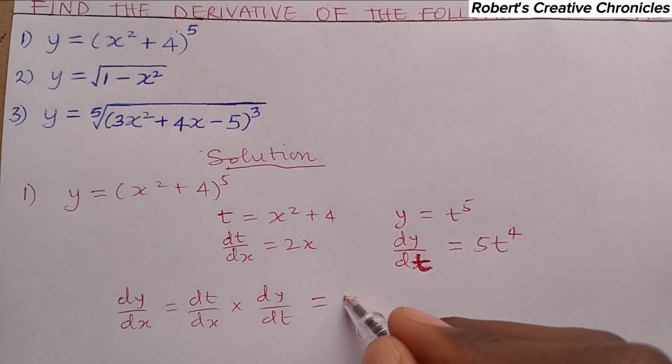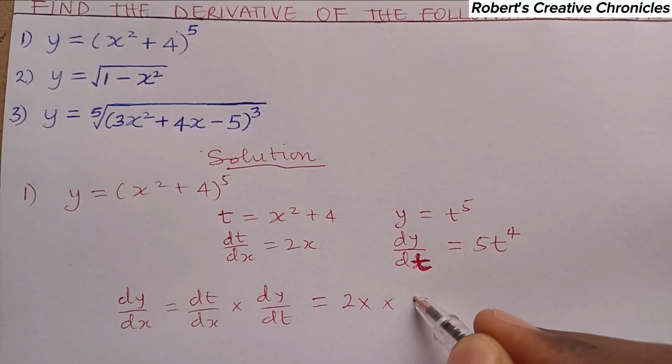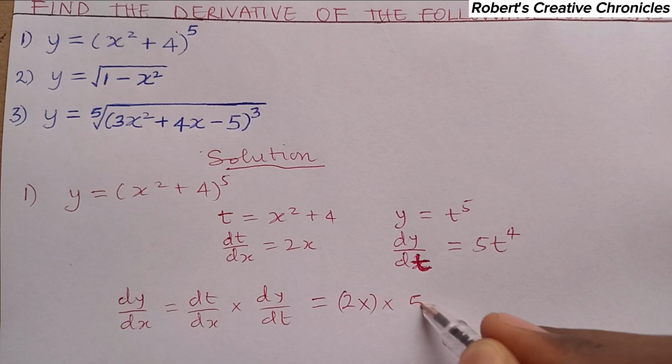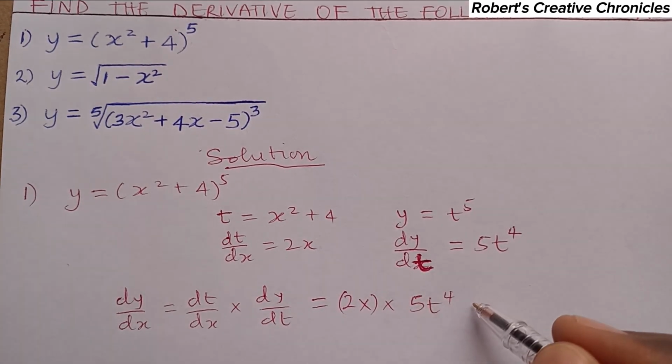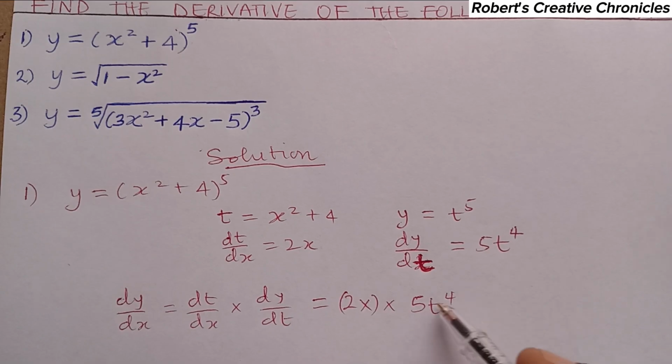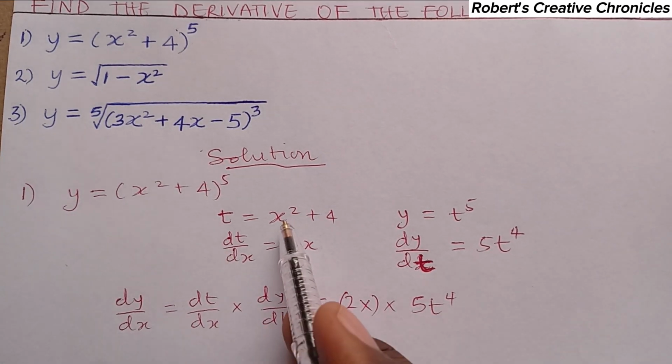This becomes 2x times 5t raised to the power of 4. And you know that t is x squared plus 4.